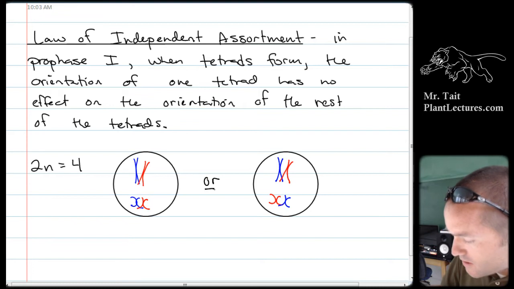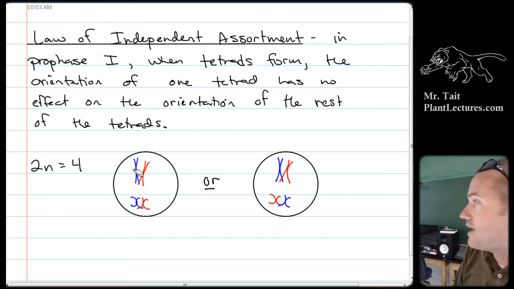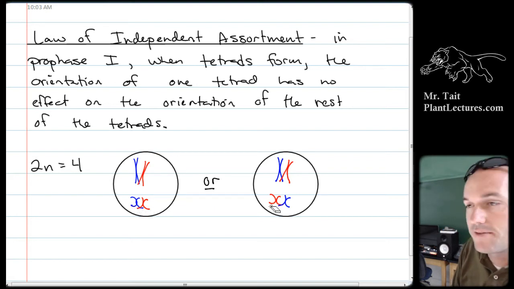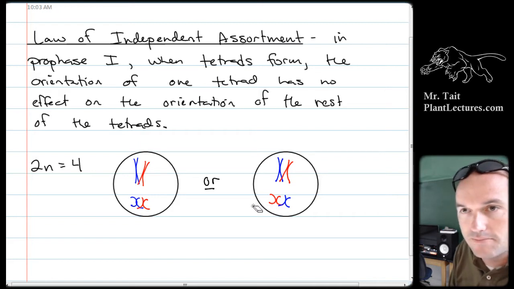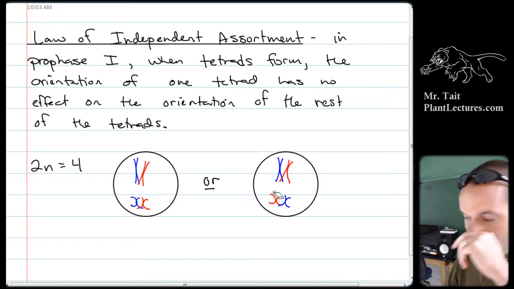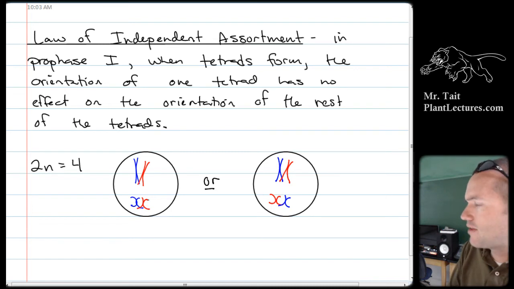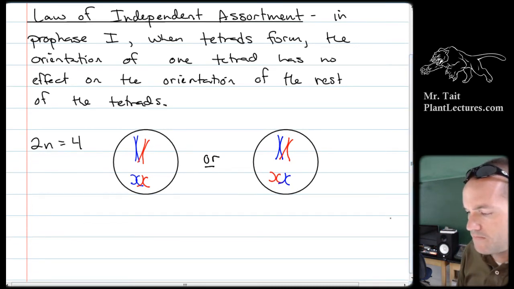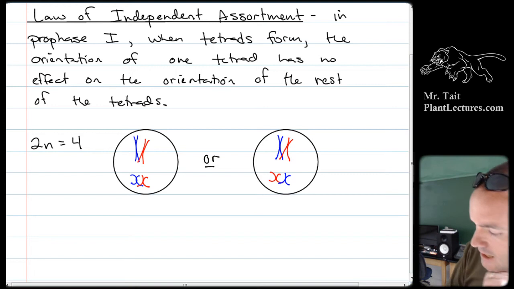And what the law of independent assortment says is that, let's say that the first tetrad orients itself like this, with the blue on the right and the red on the left. That has no bearing, no effect at all on the way that the second tetrad orients itself. It can orient itself like this, or it can orient itself like this, and it's not going to matter. Okay? The first chromosome doesn't have any effect on the next set of chromosomes. Okay? So these cells are going to go through the process of meiosis 1.